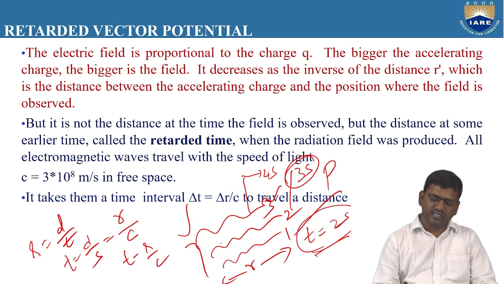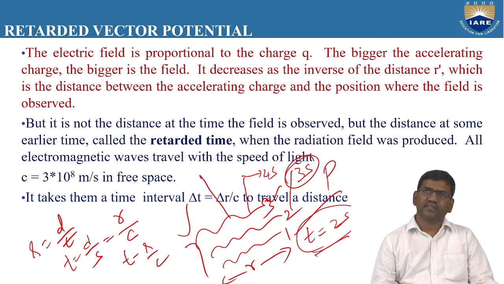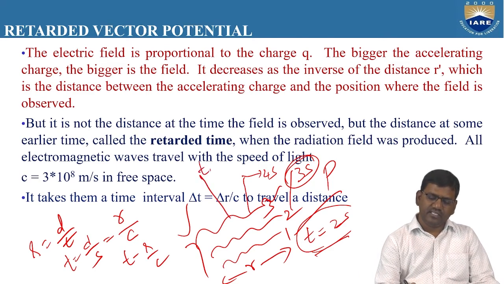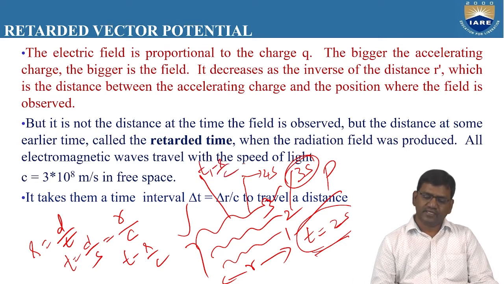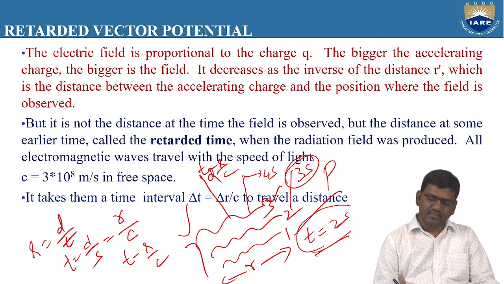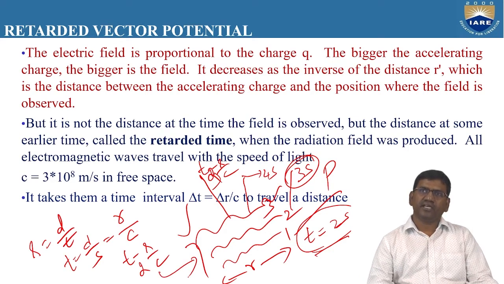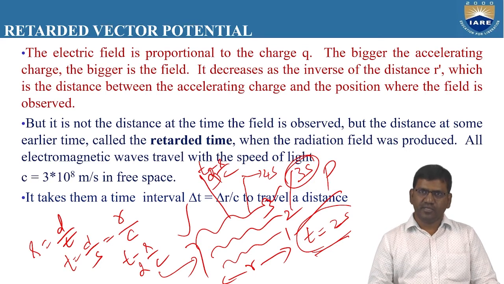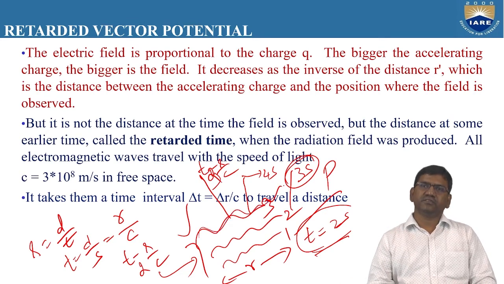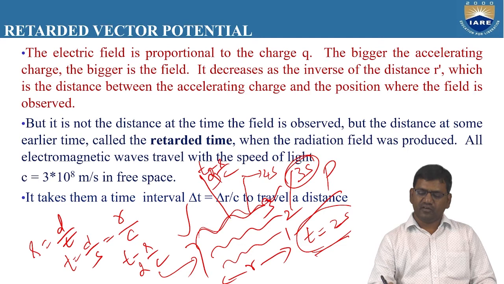For the third one, the time interval is t1 minus r by c. Let us assume this is t2 minus r by c. So the second electromagnetic wave travels to the distant point p at a time interval of t2 minus r by c. At the same time, the third electromagnetic wave reaches the distant point p after a time interval of t3 minus r by c.